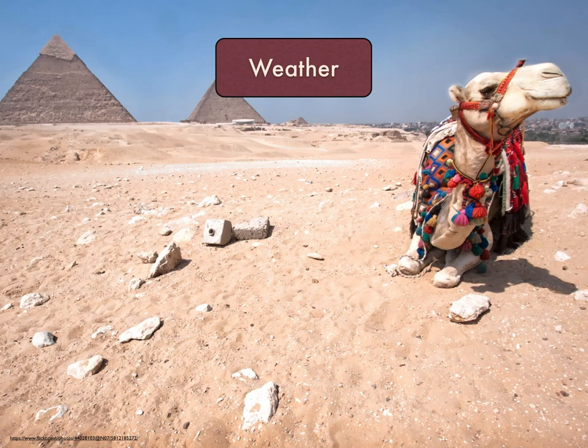So think about how this would affect how people lived. How would they dress to deal with the weather? How would they build their houses? How would they interact? What times of day would they go out? All of these aspects of everyday living are going to be affected by the weather.